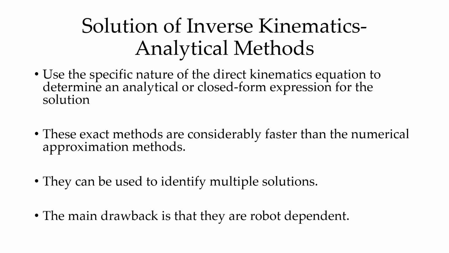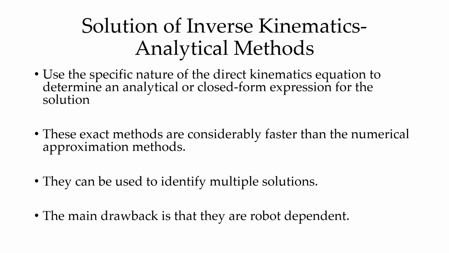But the main drawback of this method is that it is robot dependent. It depends on each robot, each class of robots actually. So for each class of robots we need to do it manually, find out the expression, everything, and in some cases that process may be very difficult, and it may not be feasible, and it might not be possible at all.